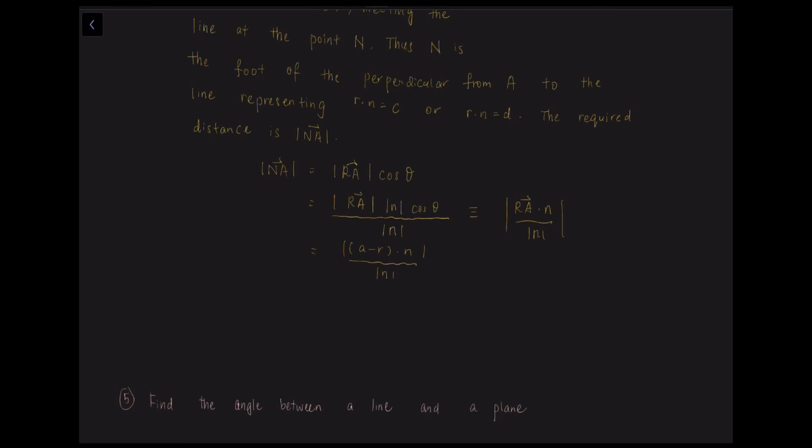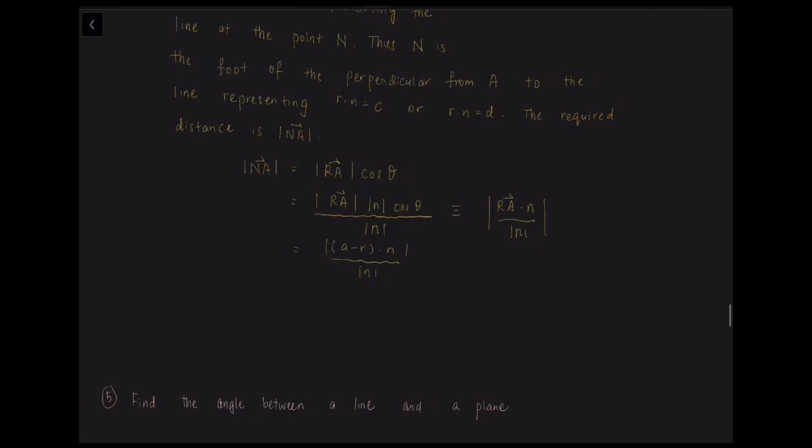And we can simplify RA in terms of A and R, so RA equals A minus R. And then we multiply n into the bracket, so we have A dot n minus R dot n over the modulus of n. And R dot n for a line is c, and for a plane, R dot n equals d.